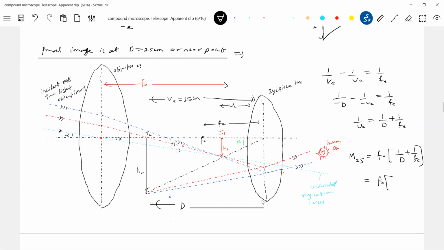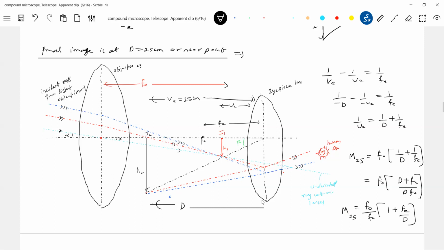Here we can write in one more way: D plus FE by DFE, or this will become F naught by FE into 1 plus D by FE. You have to remember this formula, very important. It's left to you. If you are able to derive it in an exam, okay, go for it.